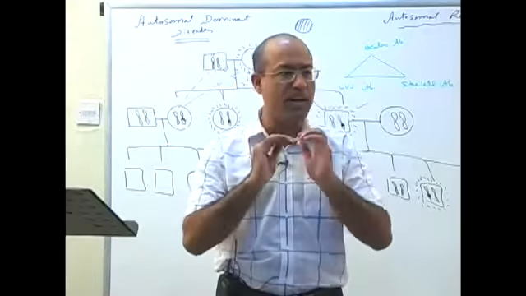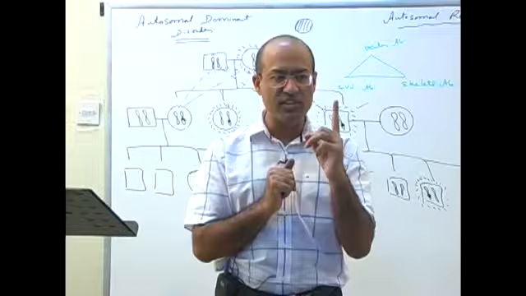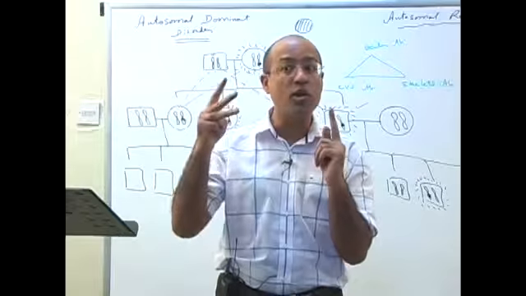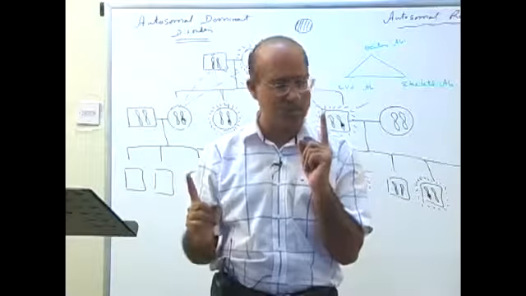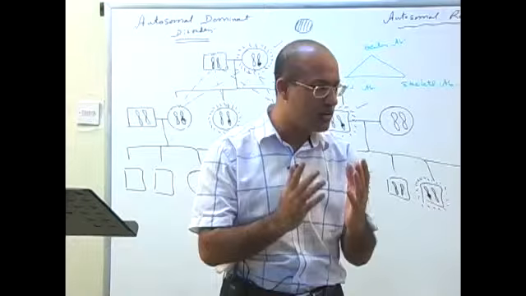High arched palate. So when a defect in one gene can produce abnormal phenotype in multiple systems, we use a special term. What is the term for this condition?